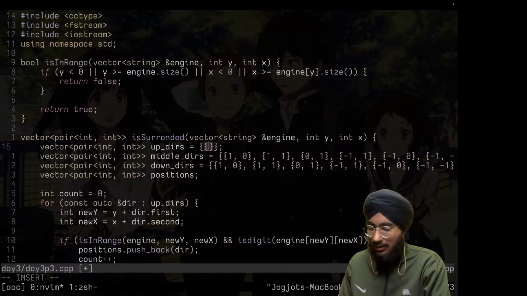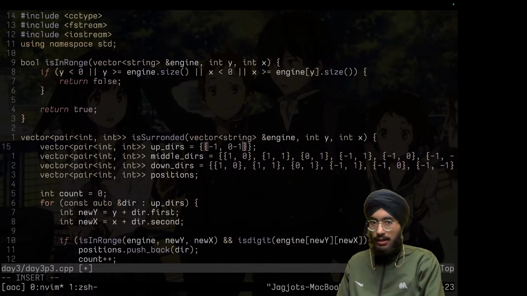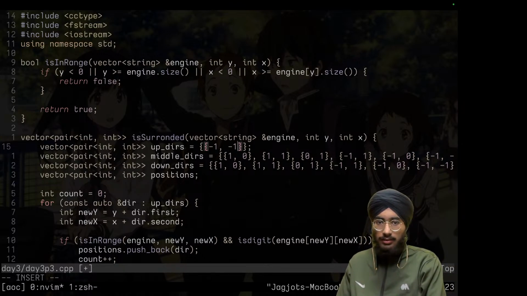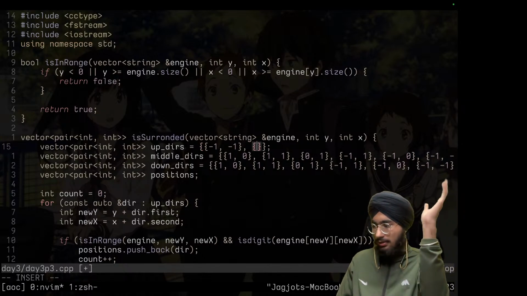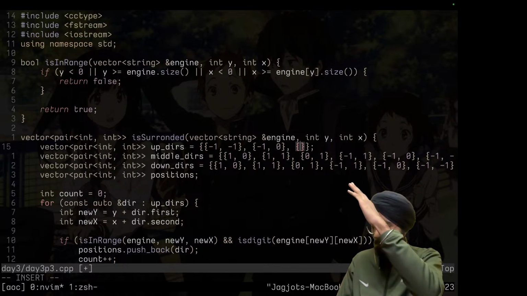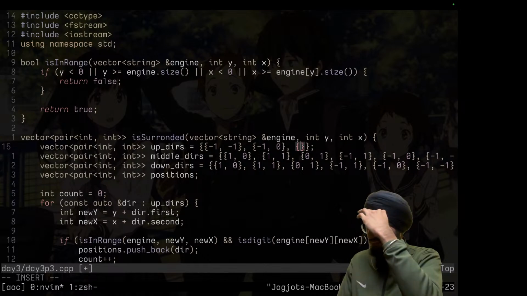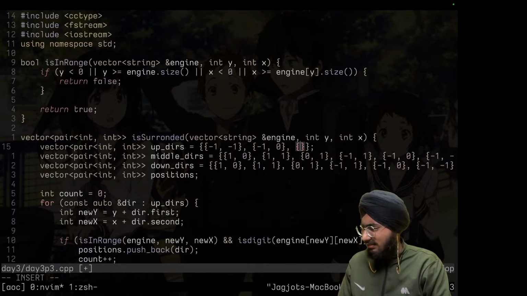So it is gonna be -1, the leftmost -1, then -1 0, then what is this?